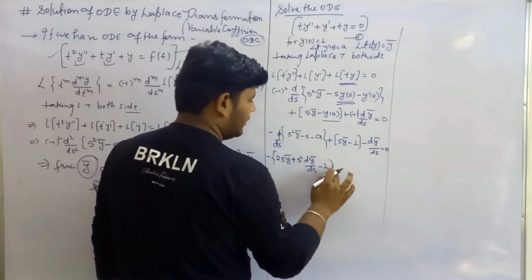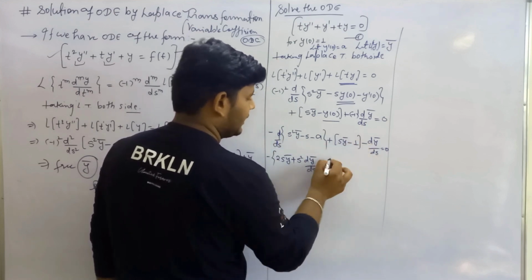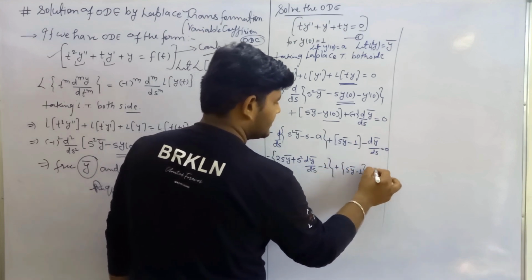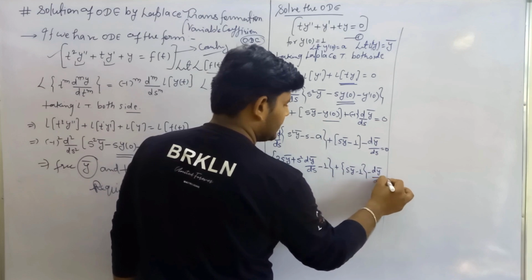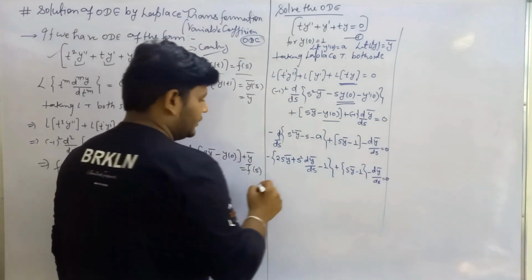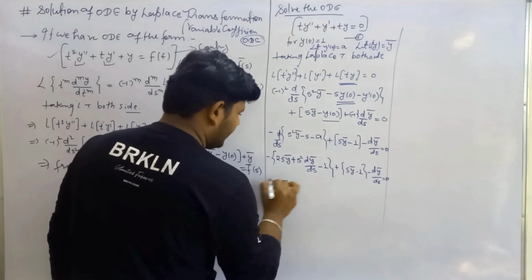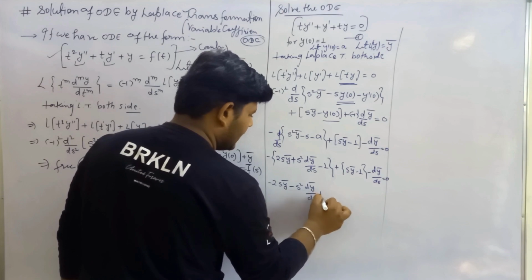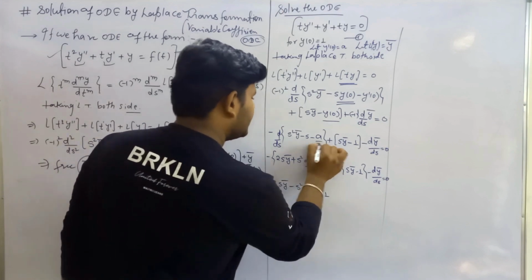Next term we will get plus s y bar minus 1, and this is nothing but dy bar over ds equals 0. So it is nothing but 2 s y bar minus s square dy bar over ds, plus 1, and it will be 0.